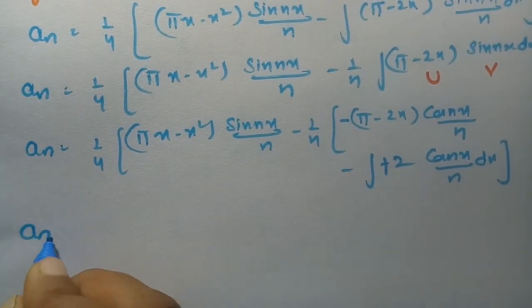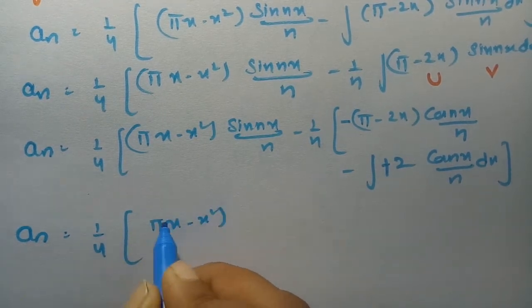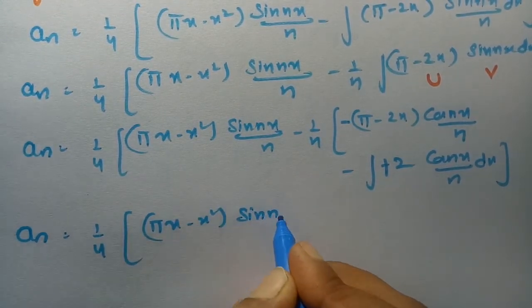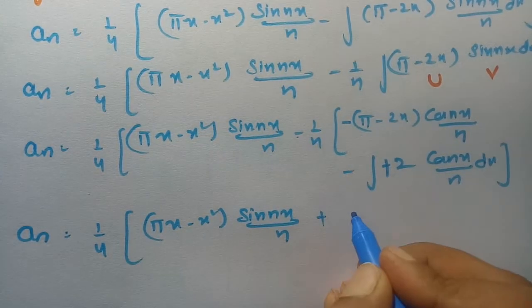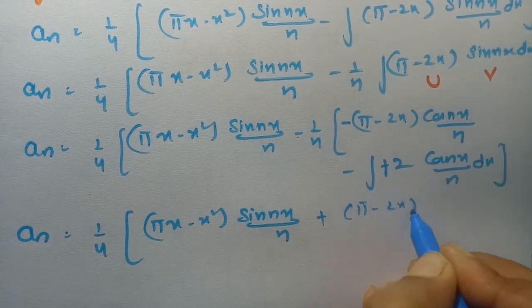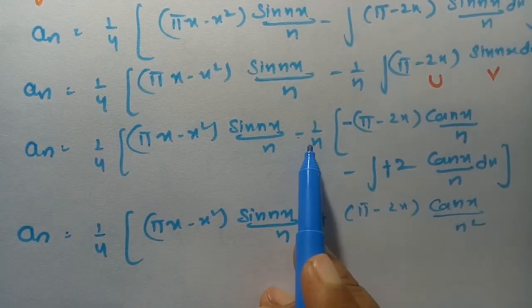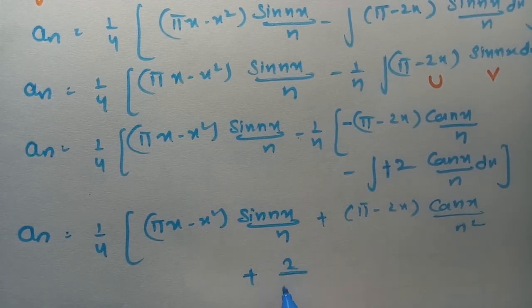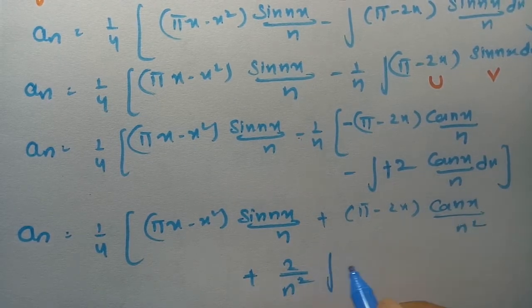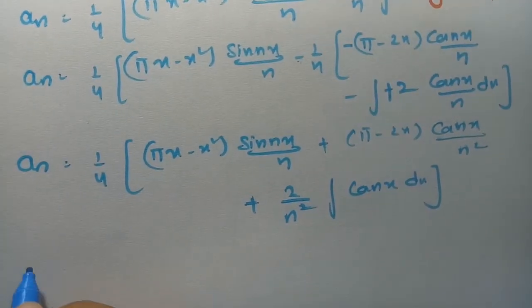So an value will be 1 by 4 times of (pi x minus x square) sine nx by n. If I multiply minus into minus, this will be plus, that is (pi minus 2x) cos nx by n square. If again I multiply this one, minus into minus, this will be plus 2 by n square integral cos nx into dx. In the next step, see what will happen.